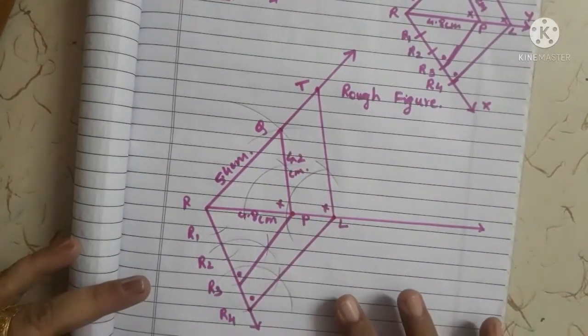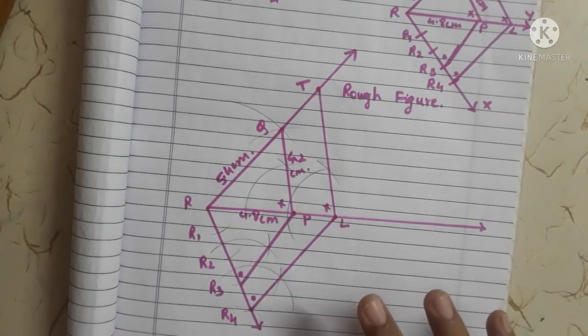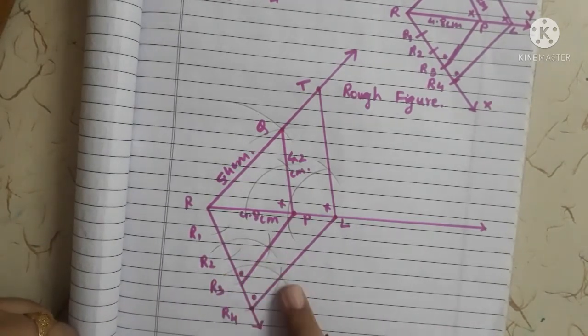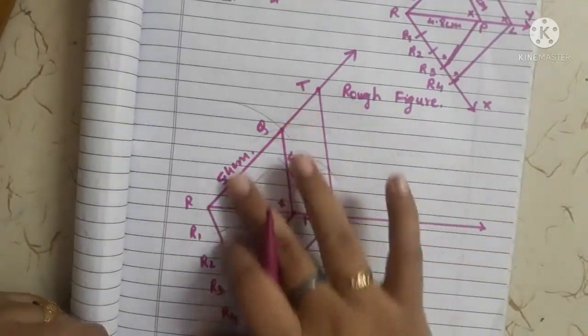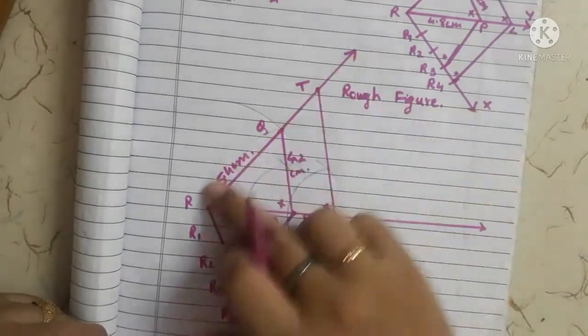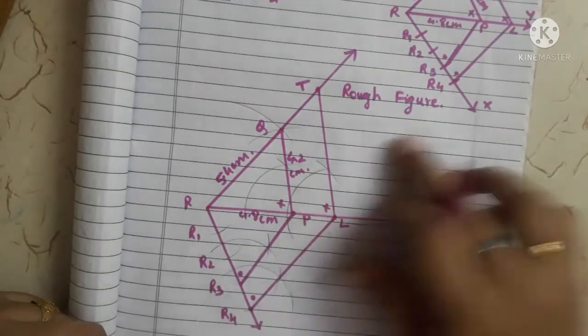If you draw step by step, then your figure will be perfect. Be careful when you are marking this angle. Drawing the triangle, you already know, you have done it in your previous standard. Normally just draw the triangle and extend those two sides, the arcs, the divisions, and join them.